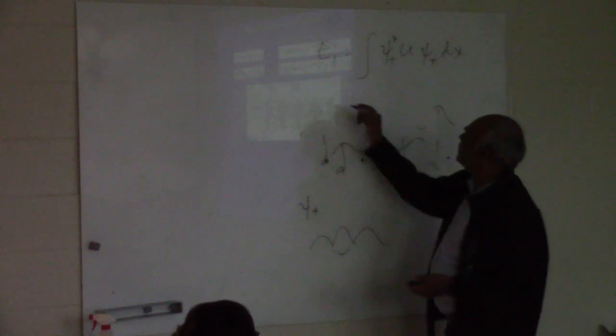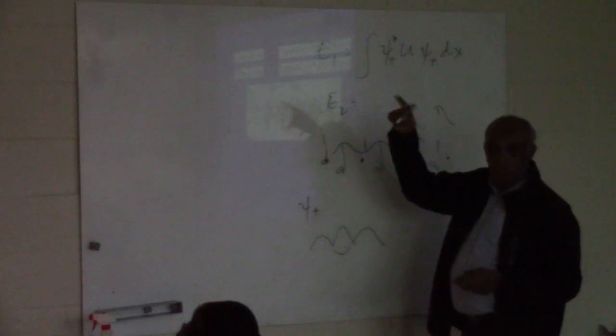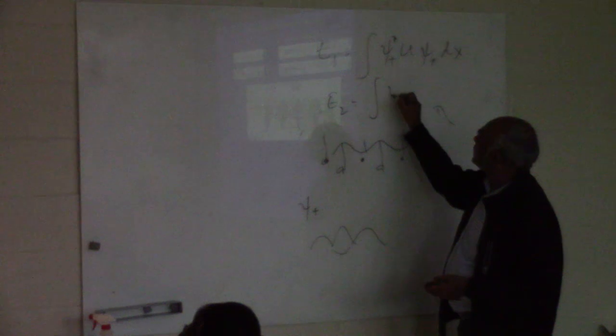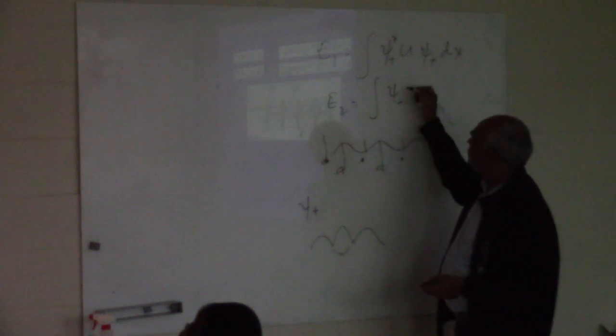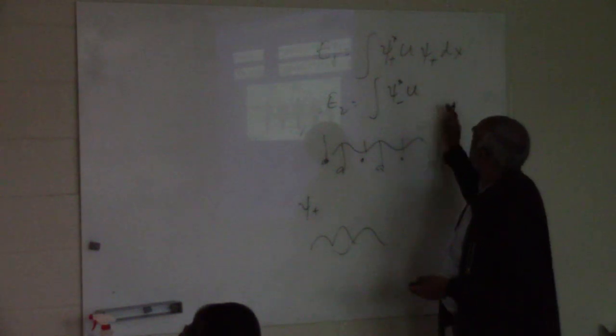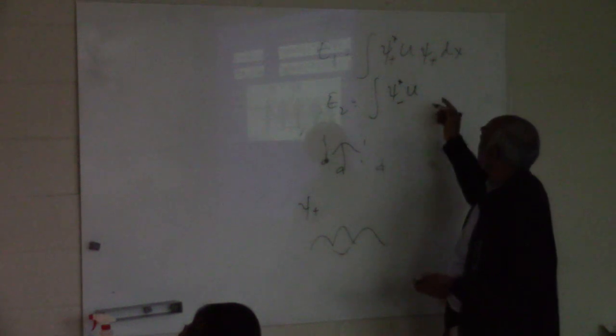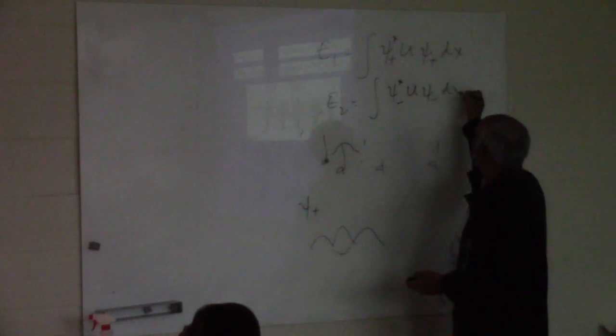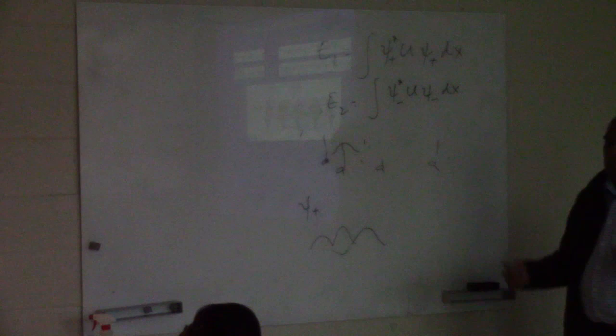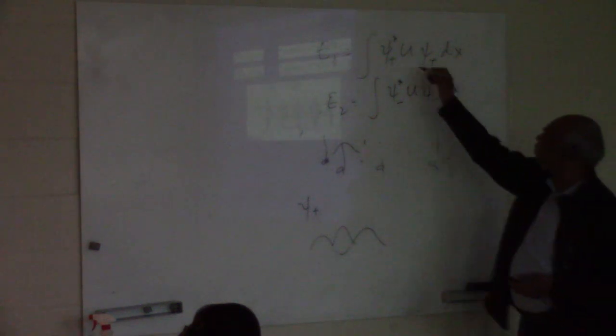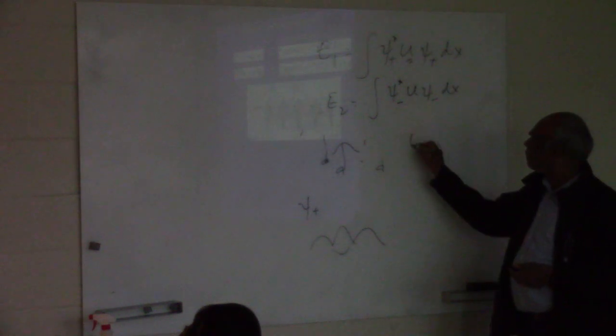The other energy related to the second wave function will be psi minus star times U, that's your potential, times psi minus. So you can easily calculate these two because we know what U is. What is U?